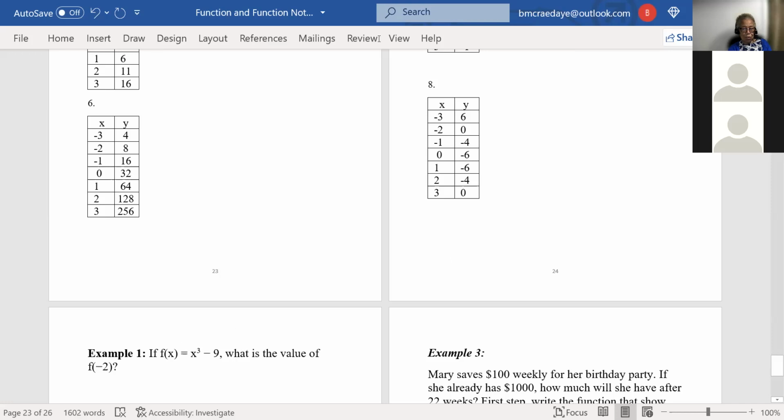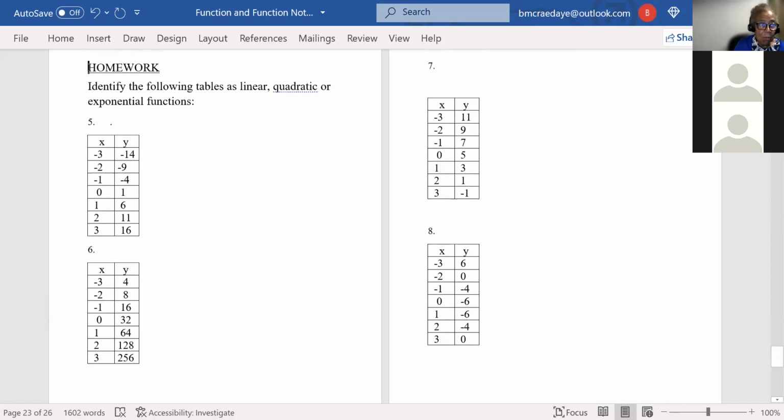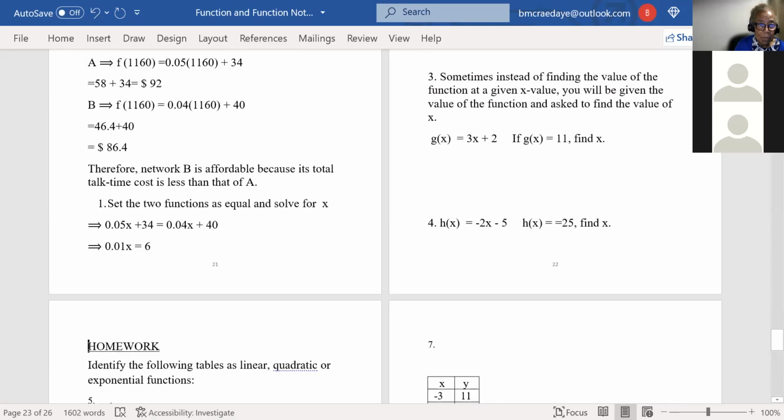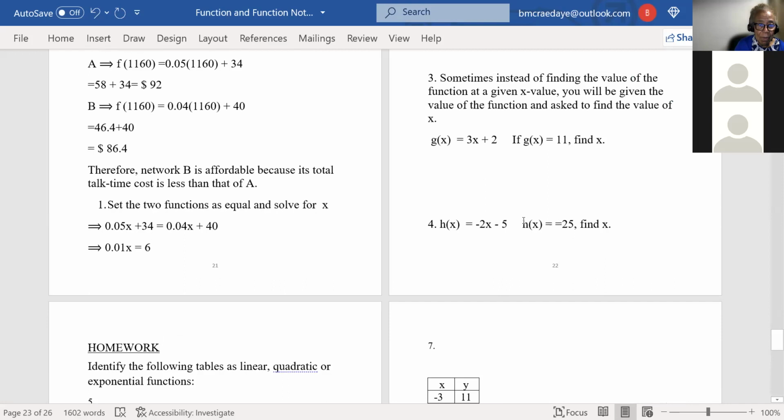So your homework will be, let me go back up here, 3 and 4. Find X, given the function value, find the input. 25 equal minus 2X minus 5, solve for X. So this one, I'm gonna start you off. That would be 11 equal 3X plus 2.